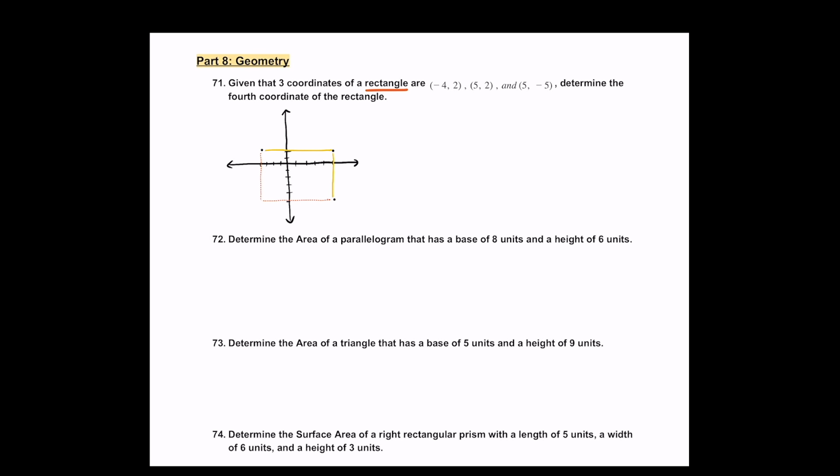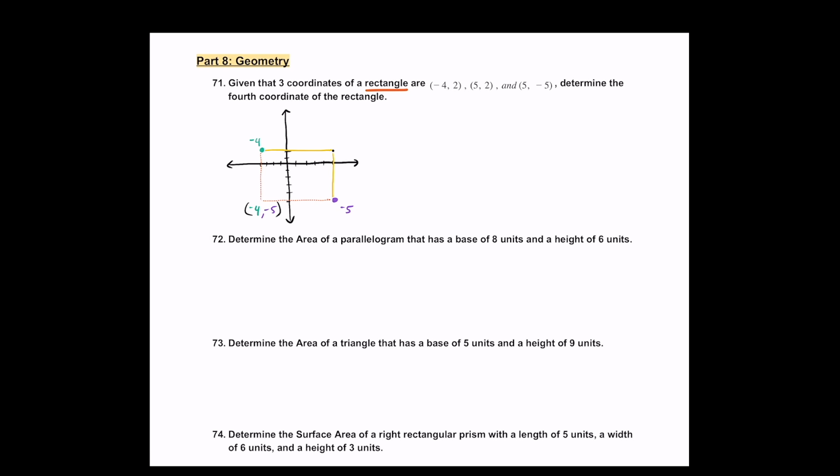What x value does this have? This x value is -4, so this x value also has to be -4, right? What about the y value? Well, you have to see how far down this dot is over here. This is at -5 for the y value. So this also has to be -5 for the y value.